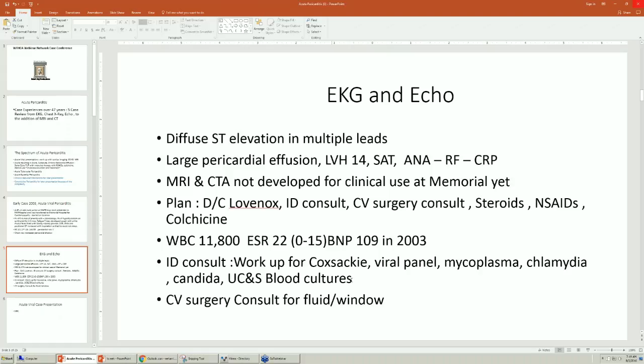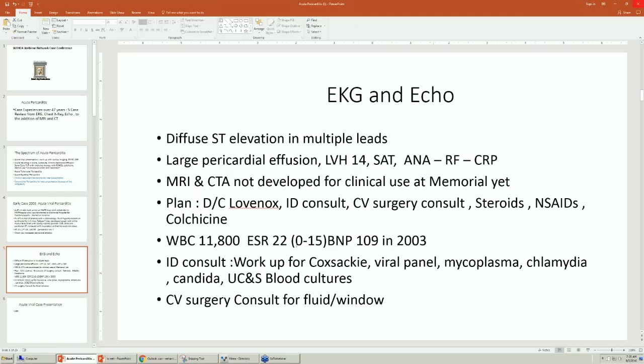The ID consult did a workup for things we never see. Coxsackie virus probably is responsible for some myocarditis. There's a viral panel consisting of St. Louis encephalitis and several other Eastern equine encephalitises and other things. Mycoplasma was checked for acute and chronic titer, chlamydia, candida, of course the urinary culture sensitivity, blood cultures, all of which were negative.